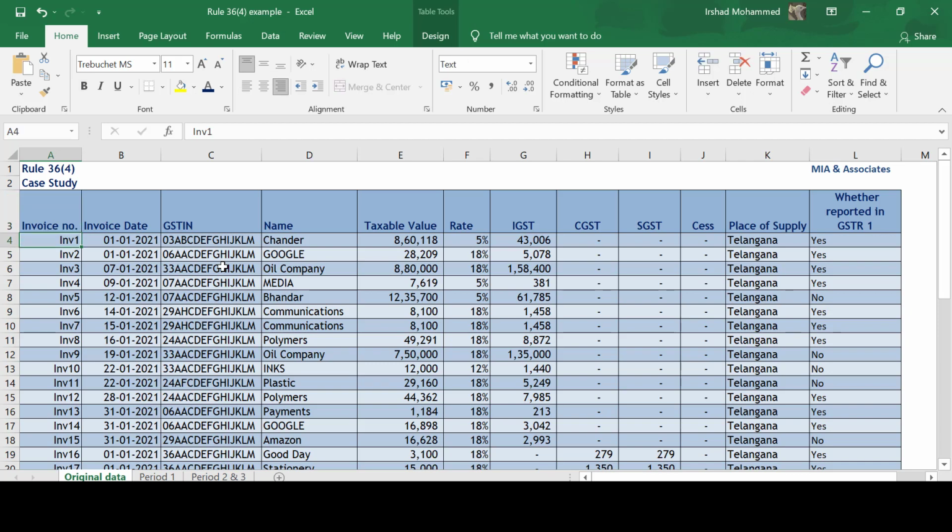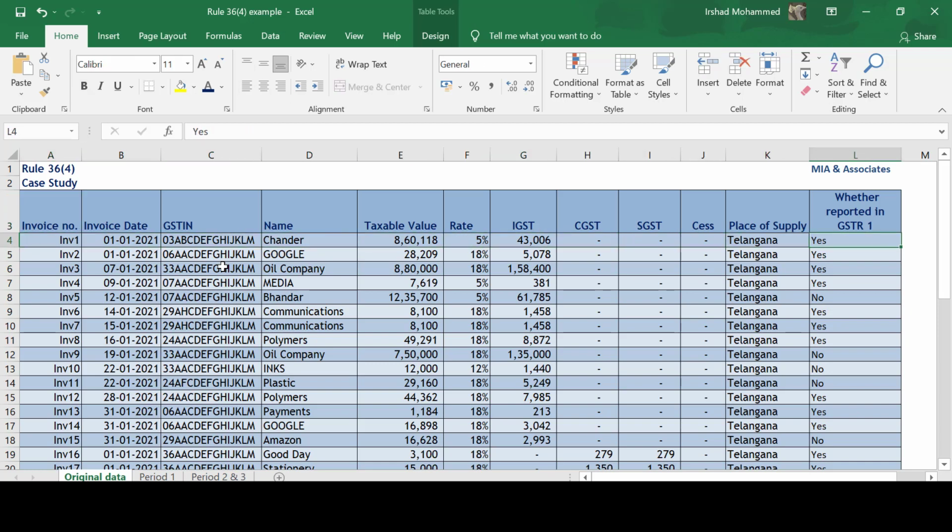However, I have made it simple for explaining this concept here. So basically what you are seeing is a purchase register which is exported from an accounting system for computing the eligible ITC for any given month. It should be noted that this data is for 1 month or period. Now, in our presentation, any reference to period is reference to the month.